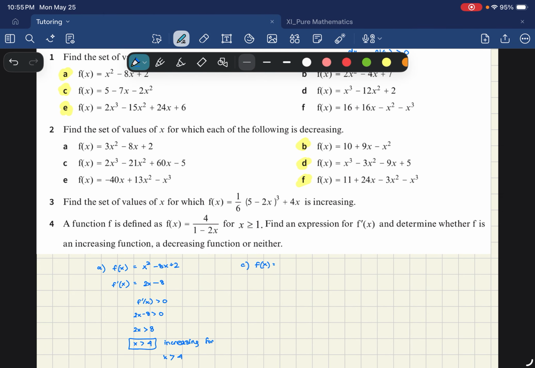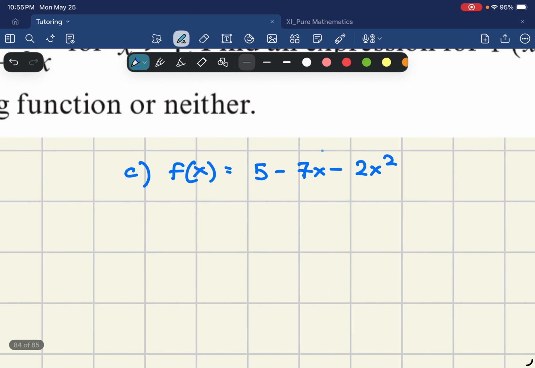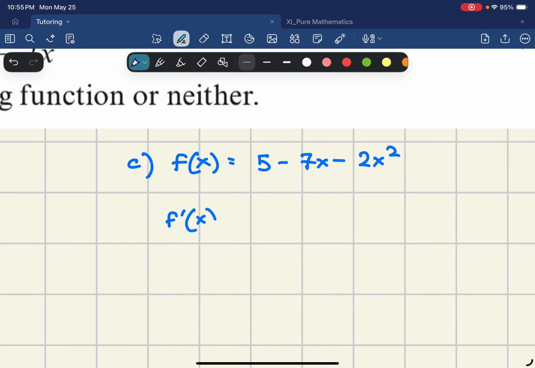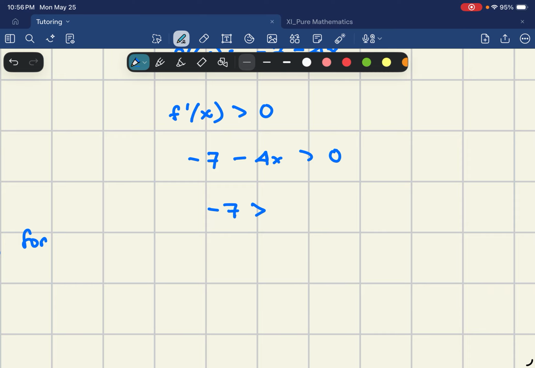So for C, f of x is 5 minus 7x minus 2x squared. If I find f dash of x, that is going to be minus 7 minus 4x. I'll leave you to do the differentiation on your own because we have done so many of these. Now I need to solve f dash of x is bigger than 0. So minus 7 minus 4x is bigger than 0. If I add 7 on both sides, minus 4x is bigger than 7.